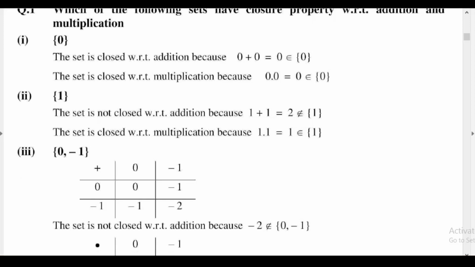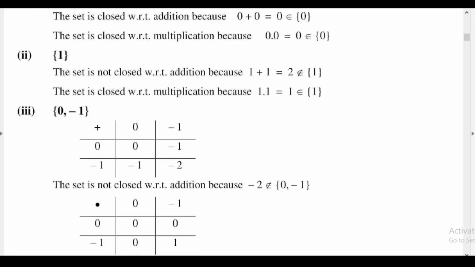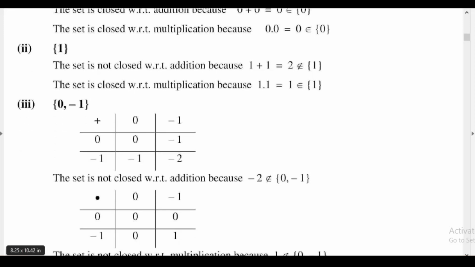So next, for multiplication, {0, -1}. 0 multiplied by 0 is equal to 0. 0 multiplied by -1 is equal to 0. -1 multiplied by 0 is equal to 0. -1 multiplied by -1 is equal to 1, since minus times minus is plus, and 1 times 1 is 1.